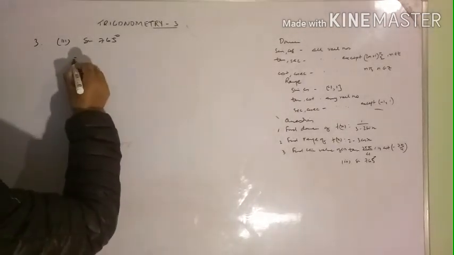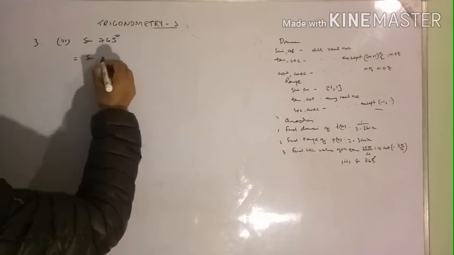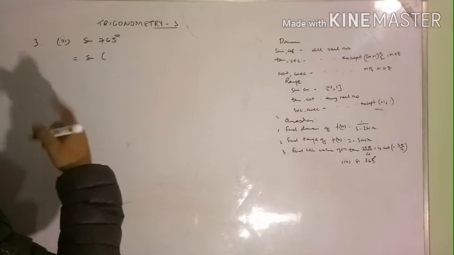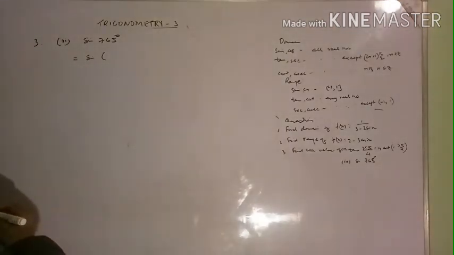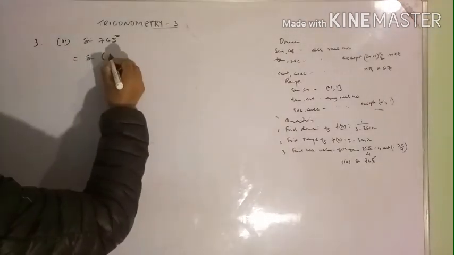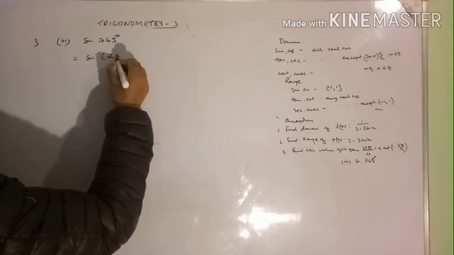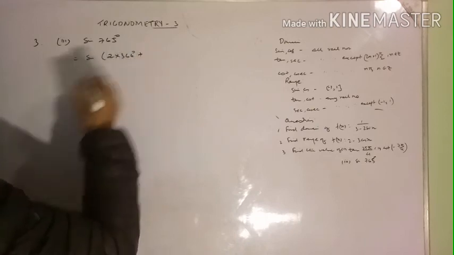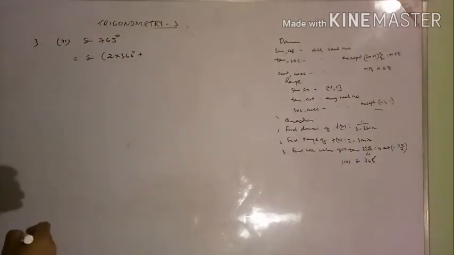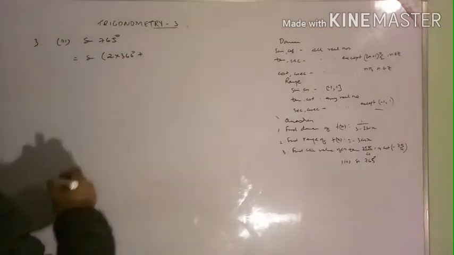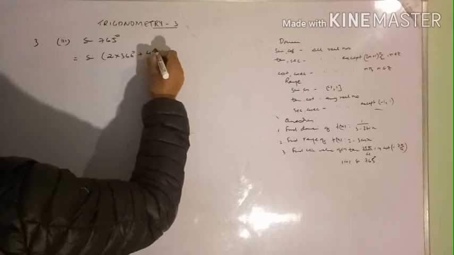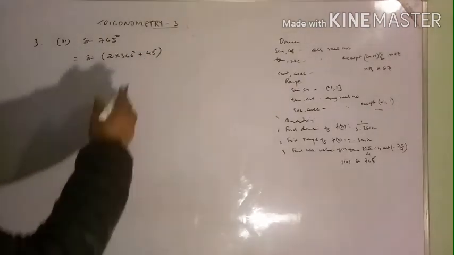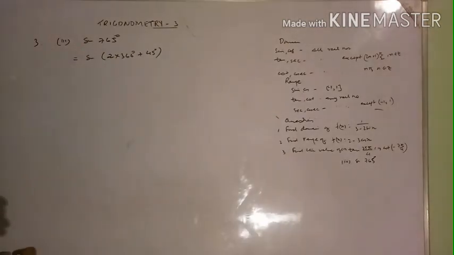So you can write this as sine of 360 into 2, how much is that? 720. So you can write 2 into 360 degrees plus 45 degrees. 720 plus 45 degrees, if you simplify, you get 765.